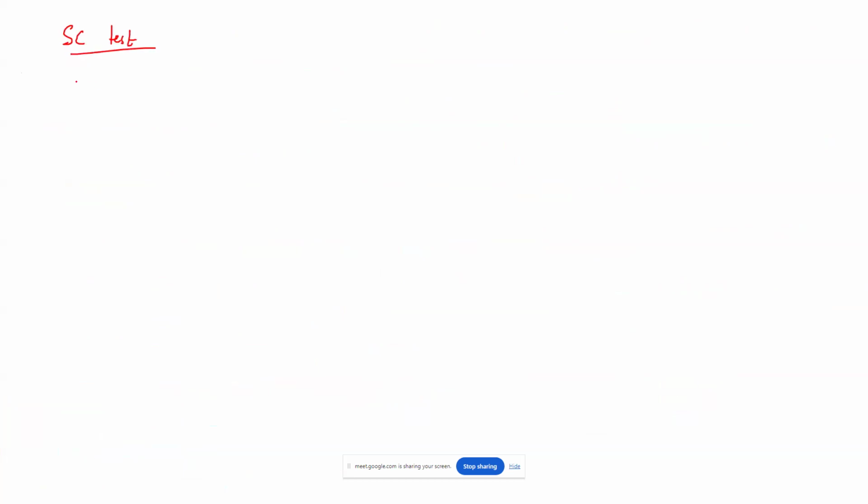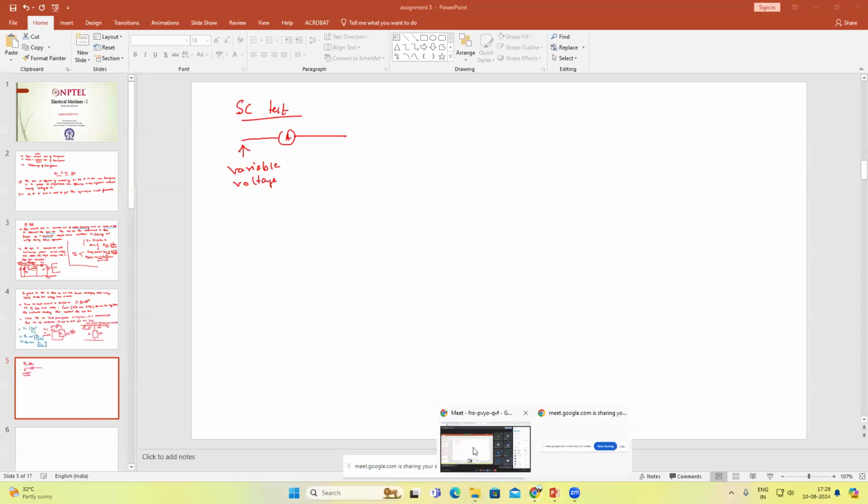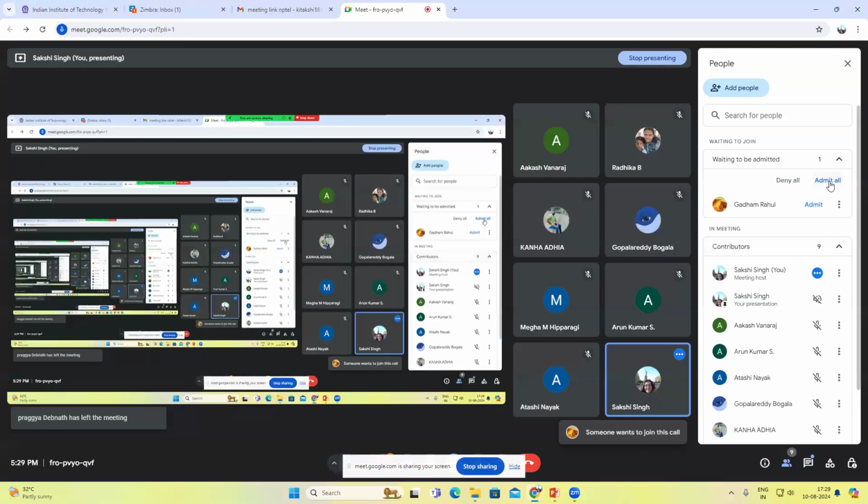So here, how we connect the things. This is the ammeter. Here we have a variable voltage supply, like from an auto transformer, as we do in experiments in the BTech labs.